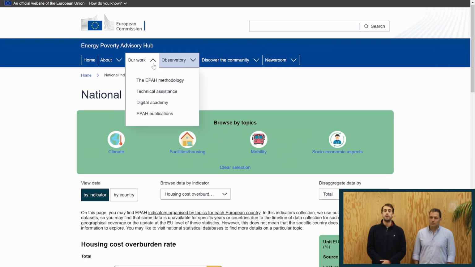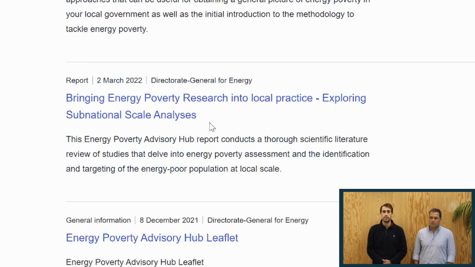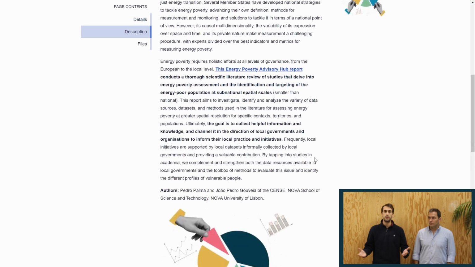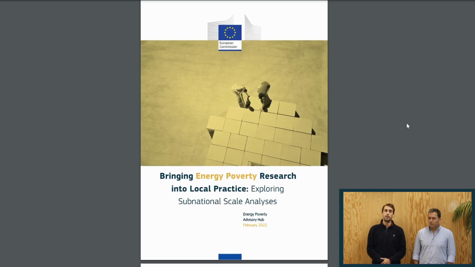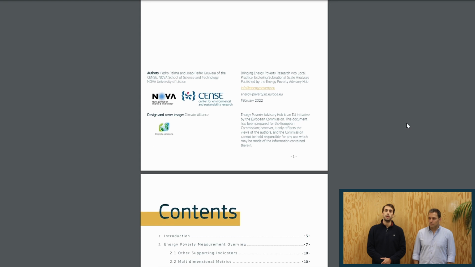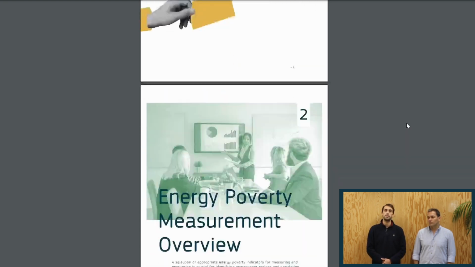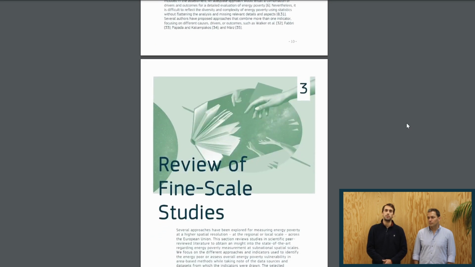So we have published a report in EPAH called Bringing Research into Local Practice, and in this report we do this assessment of a diverse group of indicators, and we precisely set these guidelines to guide local municipalities to build a measurement framework that is adequate to really measure energy poverty in their territories.